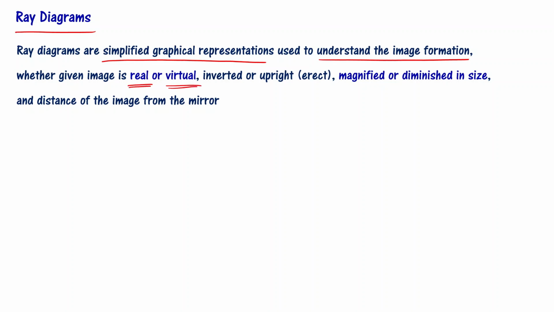And with the help of ray diagrams, we can say whether given image is inverted image or upright image. Whether the image is magnified or diminished in size. And with the help of ray diagrams, we can find the distance of the image from the mirror. You see, this is the benefit of drawing ray diagrams.